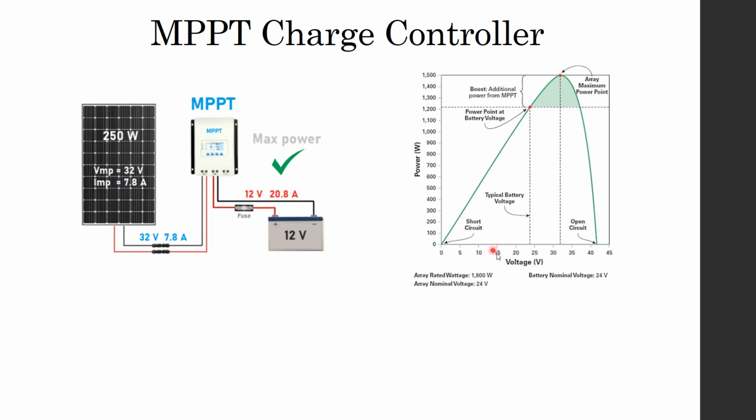And you will see that here, for example, at 15 volt of the PV panel, if we go up, we will have a power of 700 watt. But for example, this panel produces a maximum power of 250 watt. One panel produces the maximum power of 250 watt at a voltage of 32.